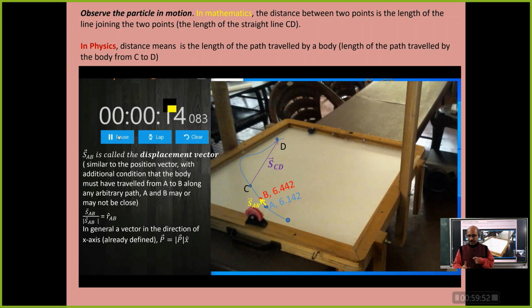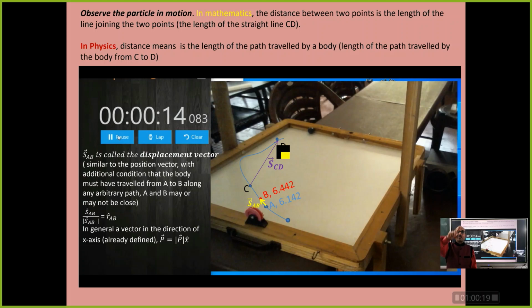But the displacement vector is defined using the concept of position vector, with the condition that the body must have traveled. Is that clear? So irrespective of the path chosen, the displacement of the body is the same.